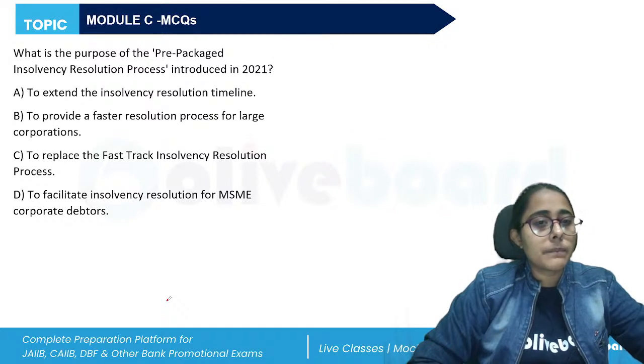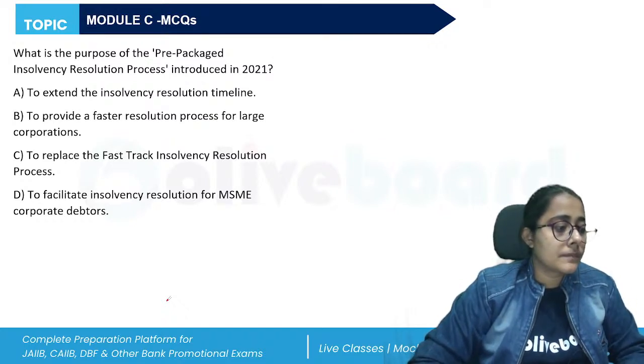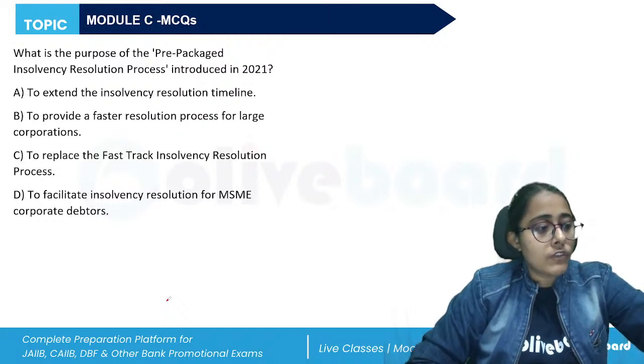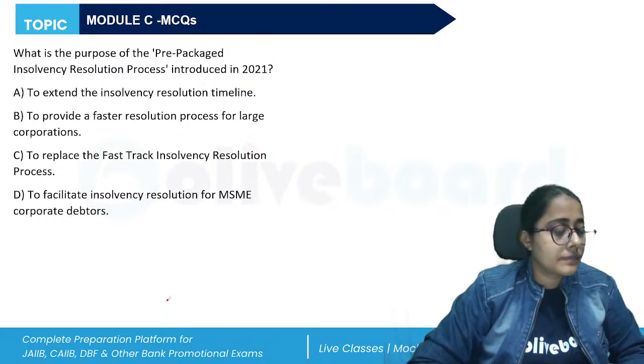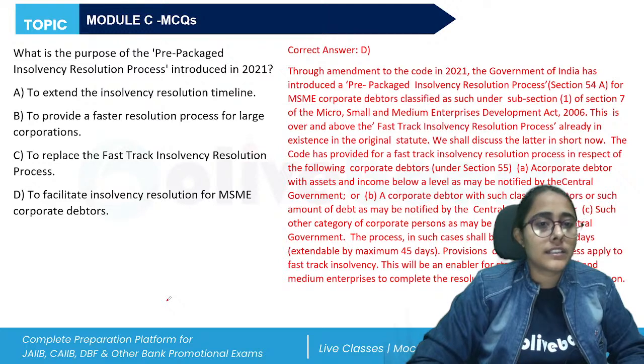Why was the pre-packaged insolvency resolution process introduced? What was the reason? The correct answer is option D, to facilitate the insolvency resolution for MSME corporate debtors.